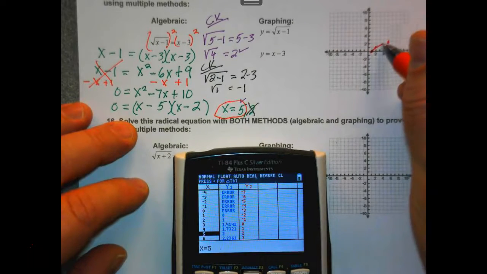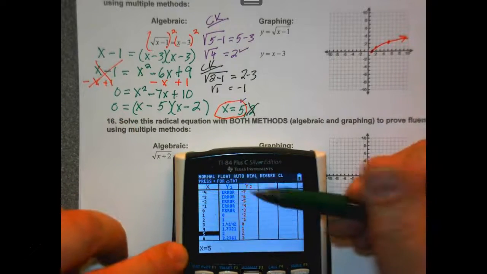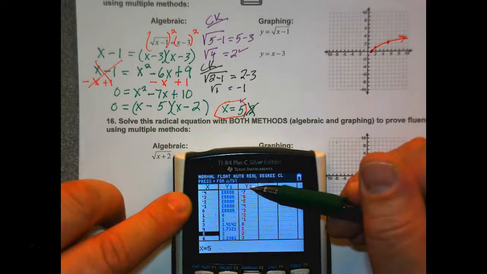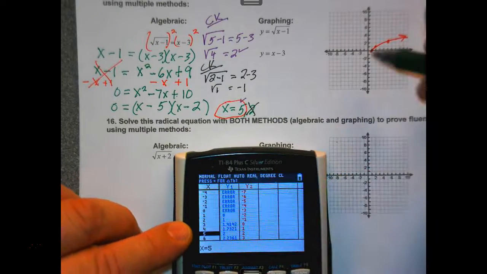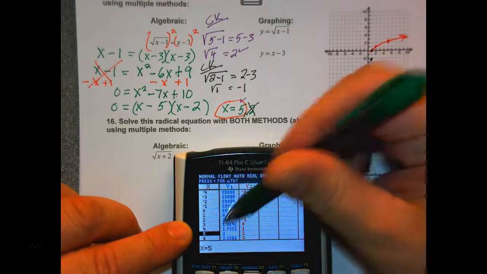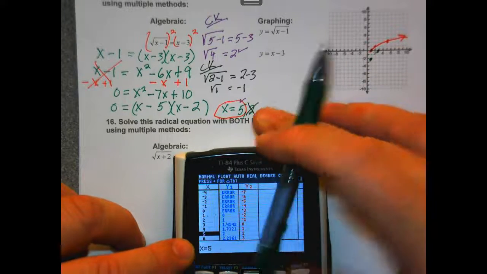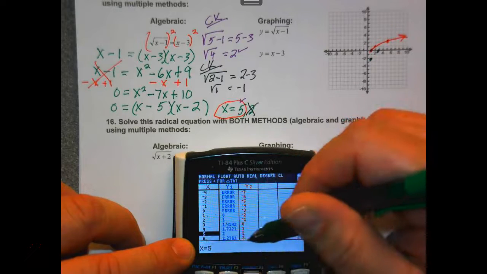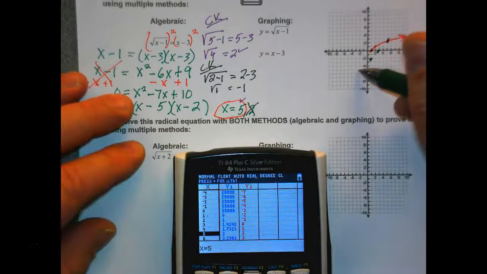There's my radical graph. Then my line is my x values and my y2. So I have 1 comma negative 2, 3 comma 0, and 5 comma 2.